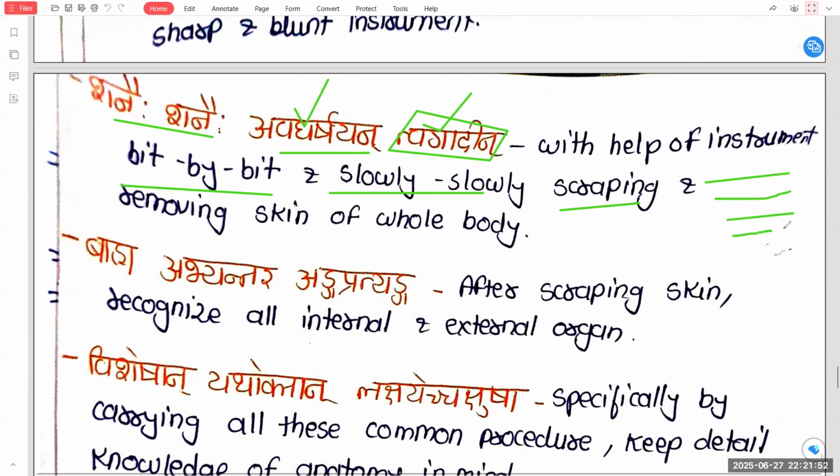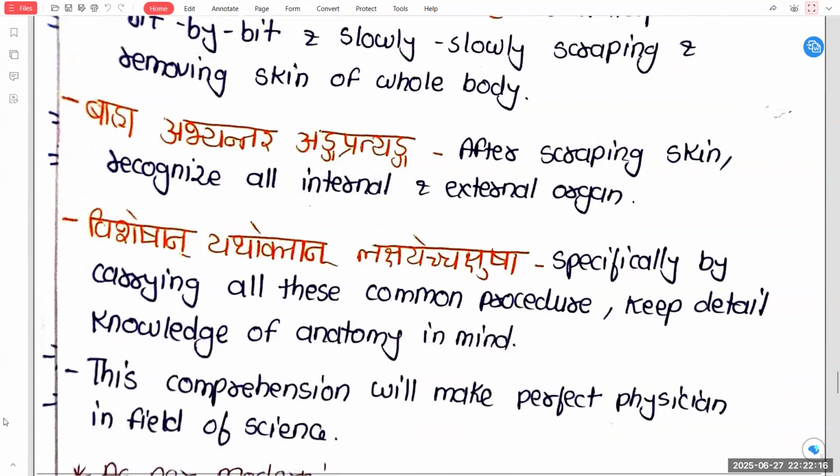There are different layers of the skin. So first we are going to remove the first layer by slowly scraping it. Further moving down the second layer, then the third layer, then the fourth layer, and so on till we reach the internal organs. Okay. Next, it is told Bahya Abhyantara Anga Pratyanga.